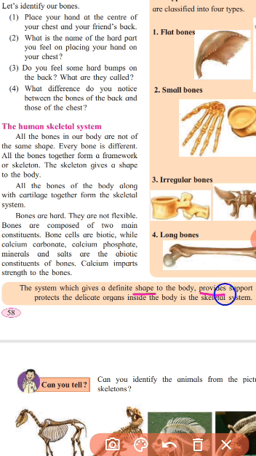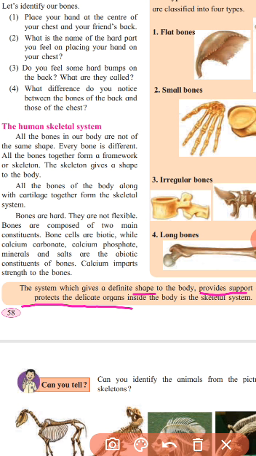Second, it provides support. With the help of the backbone we can stand straight. Then it protects delicate organs like the lungs, heart, brain, stomach, right? All these delicate organs are protected by the skeleton.